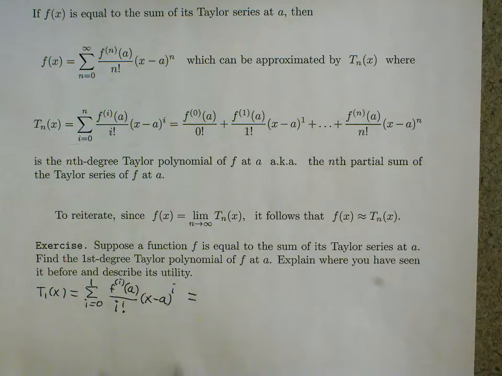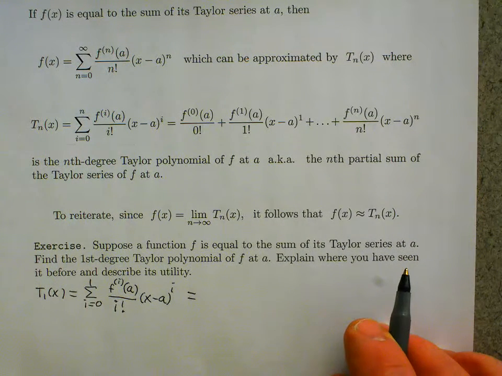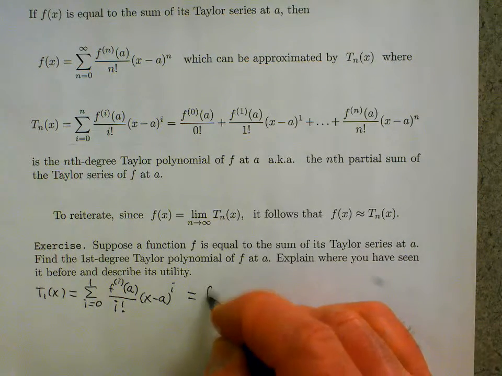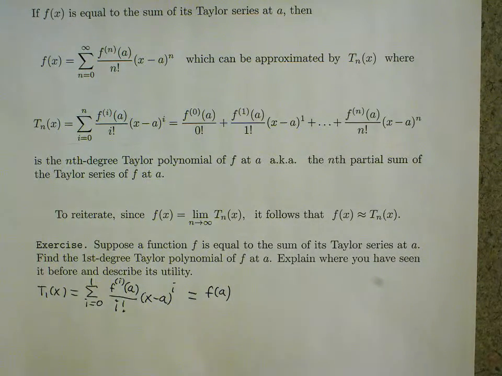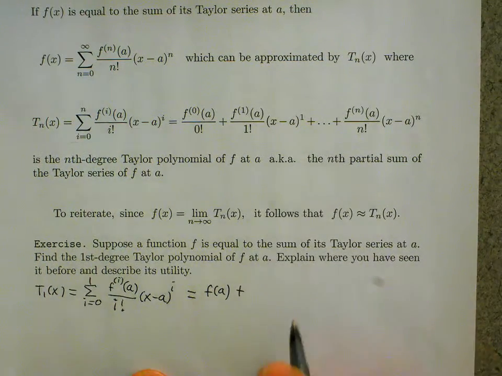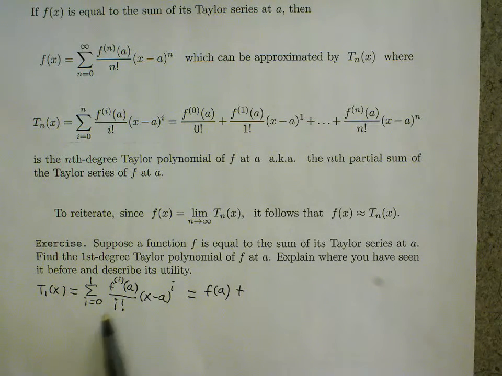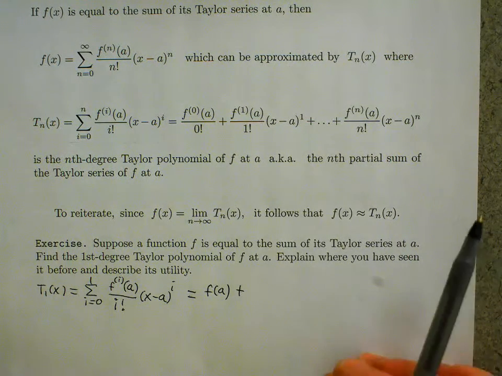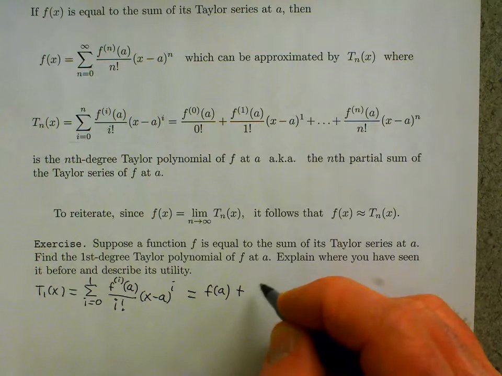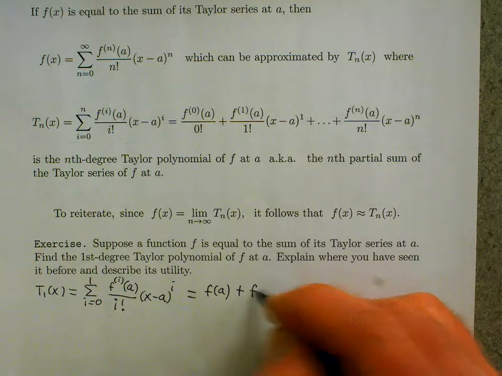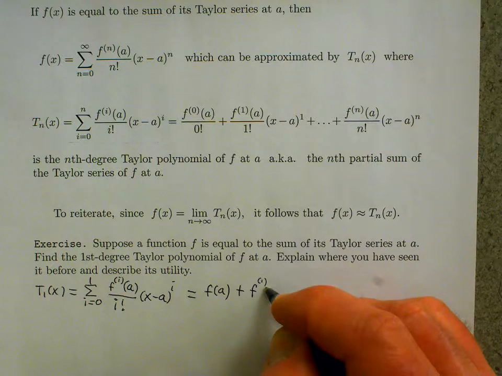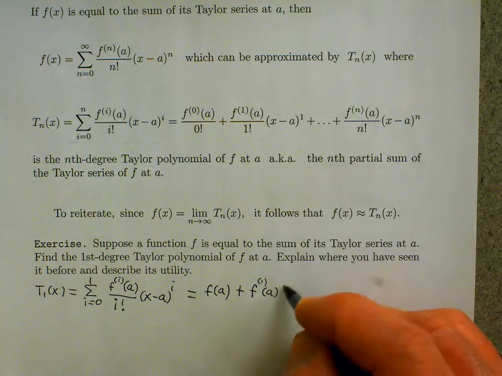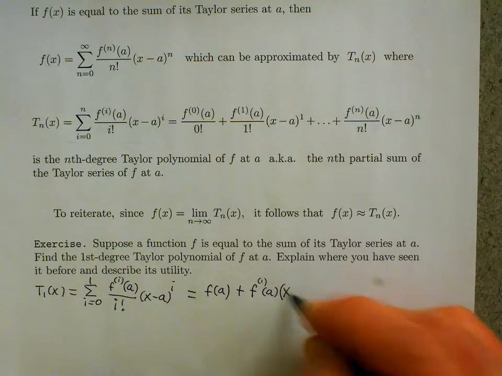So there's only two terms in this. When i is 0, we just get f of a. And then we add that to the first derivative of f evaluated at a times the binomial x minus a to the first.